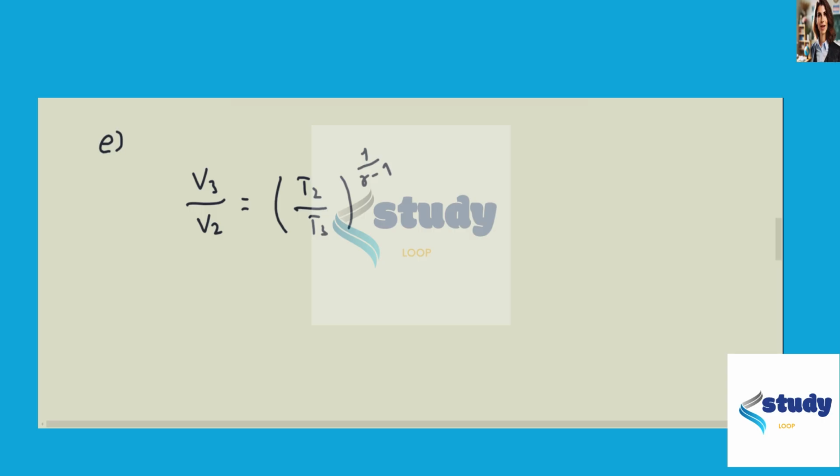This can be rearranged, and since we are asked to find the final volume V3, the volume corresponding to point 3, it will be V3 equals V2 times T2 over T3 to the power 1 over gamma minus 1.